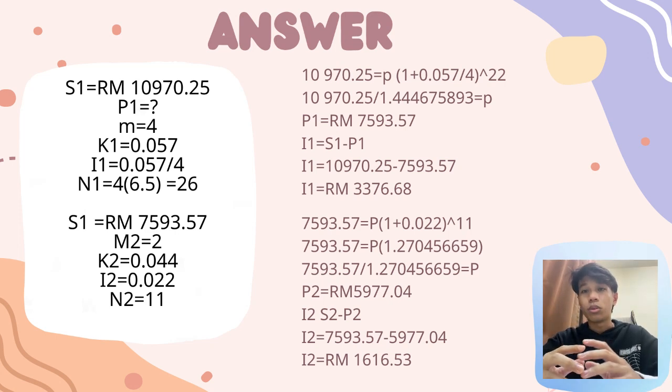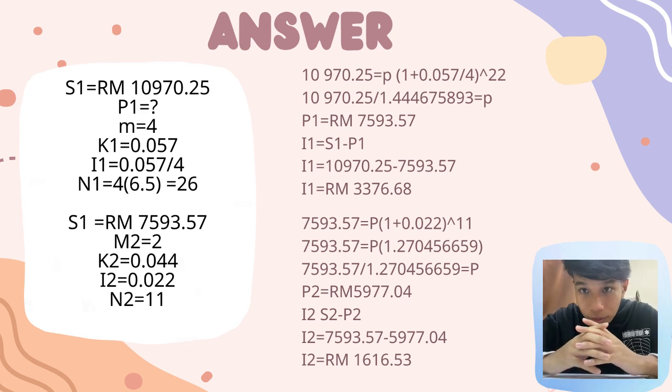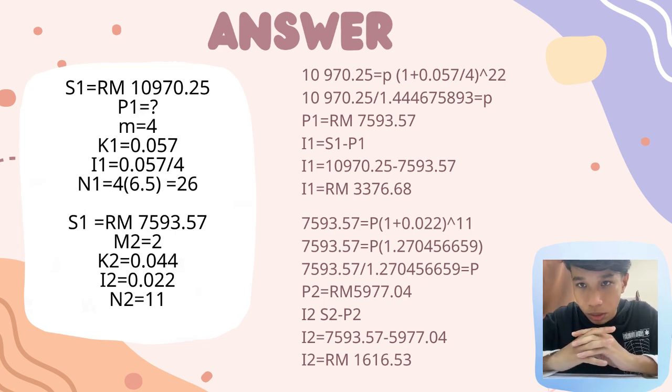Therefore, we need to use the interest formula to find the interest. So we will get the amount RM3,376.68. Next, we need to find the interest at the end of 20 years. Firstly, we need to find the principal first.